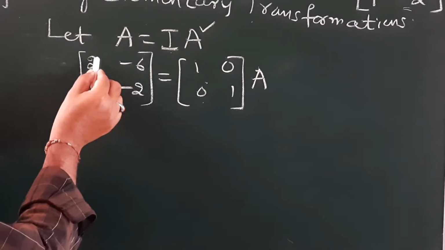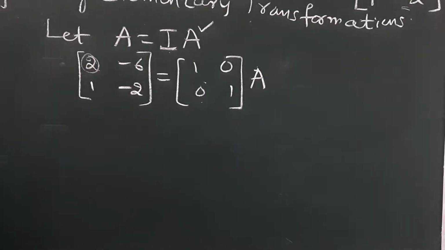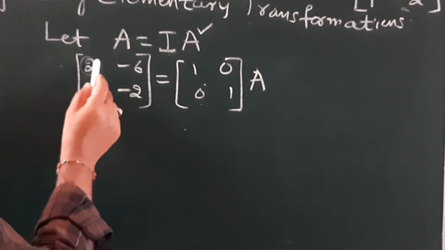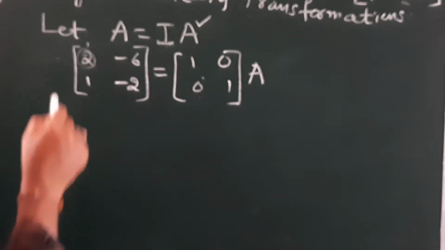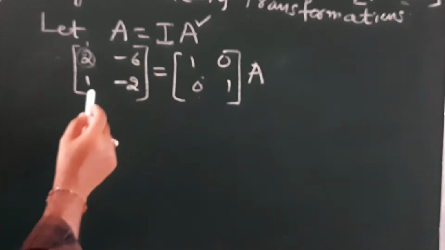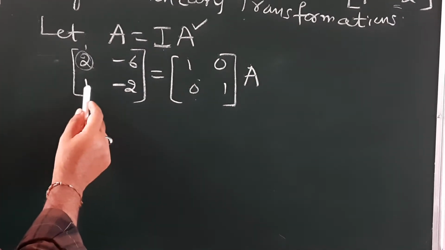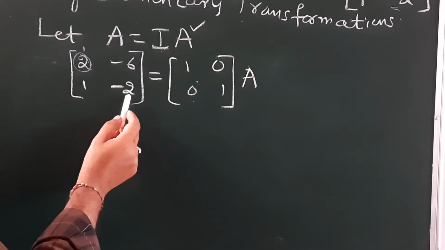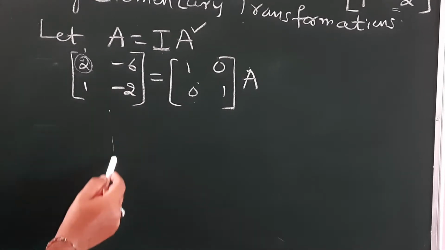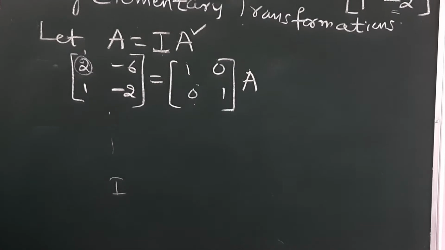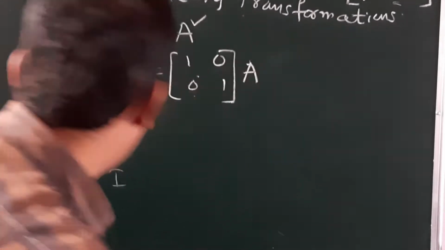Here, I have to convert this 2 to 1 and minus 6 to 0. Then I have to convert the 1 to 0 and this must be 1. So at the end of the day, we can reduce the left hand side to the identity matrix.